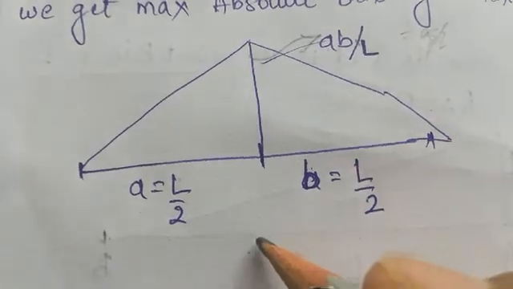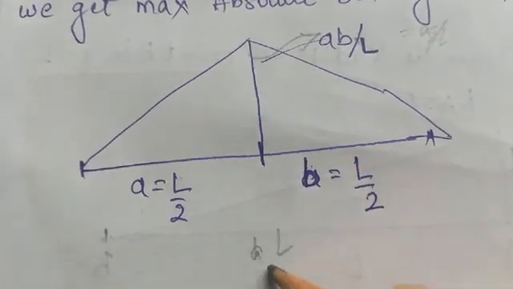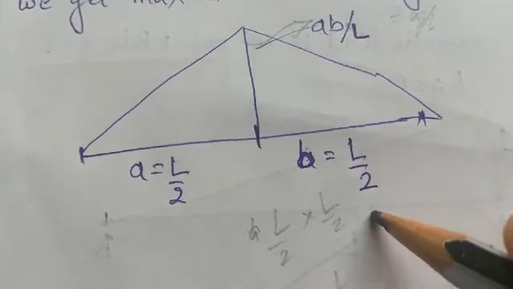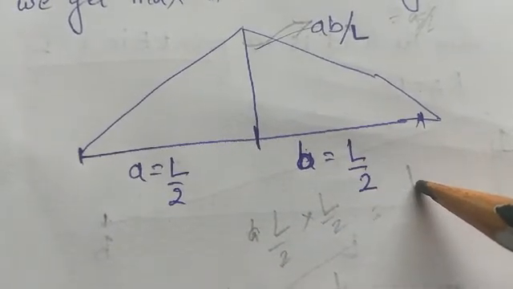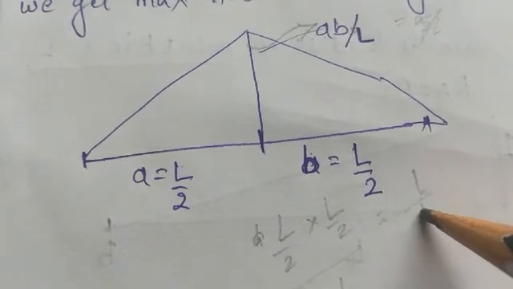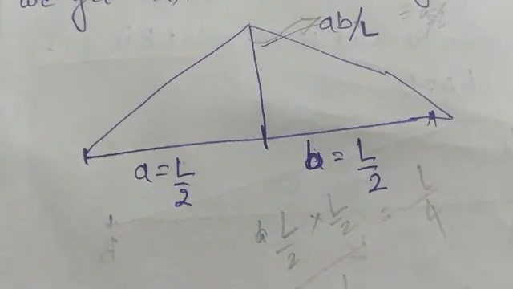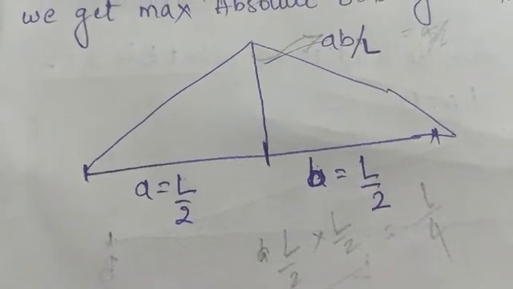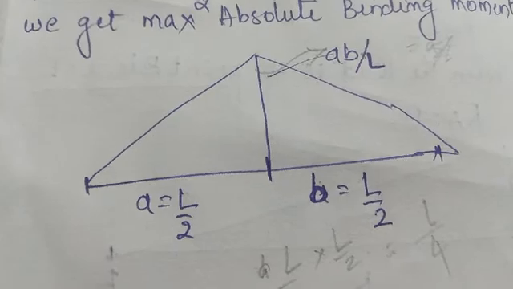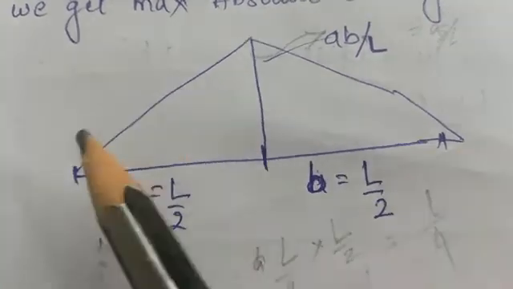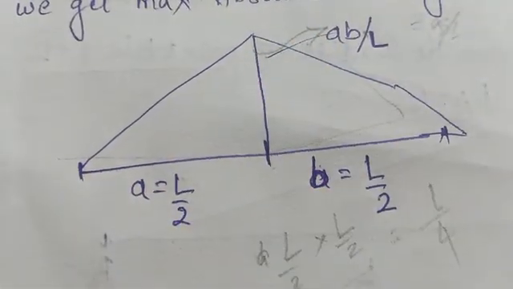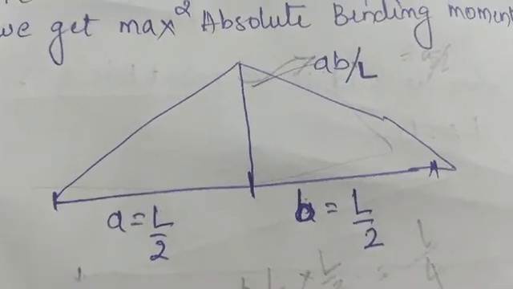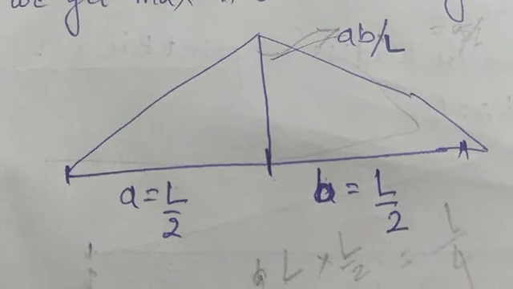If you simplify, you will get it as L divided by 4. So this is the absolute maximum bending moment and the influence line diagram for absolute maximum bending moment. Thank you for the patience you had with me.